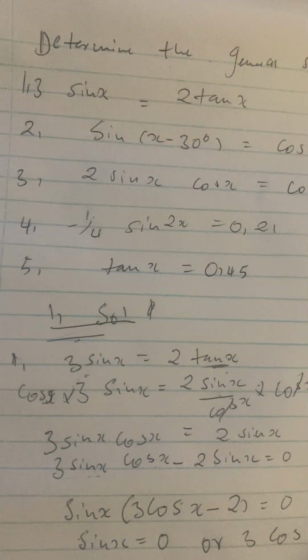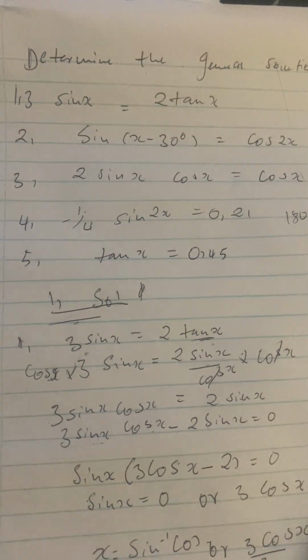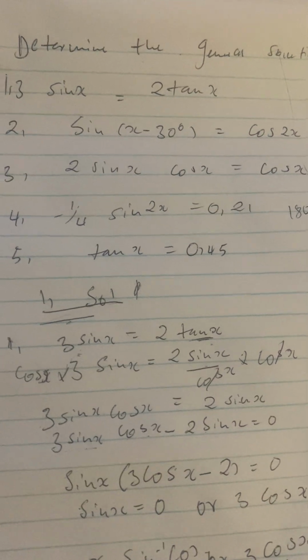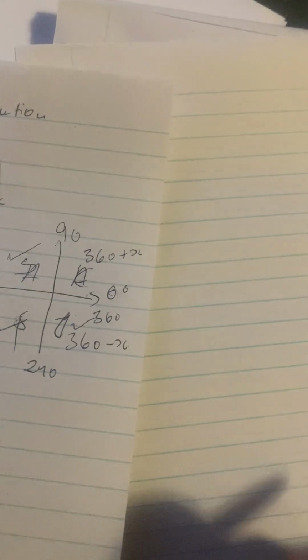So we're going to have number 2. Solution number 2, we have sin of (x minus 30) equal to cos 2x.